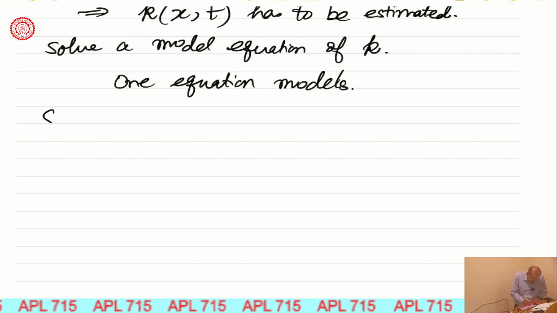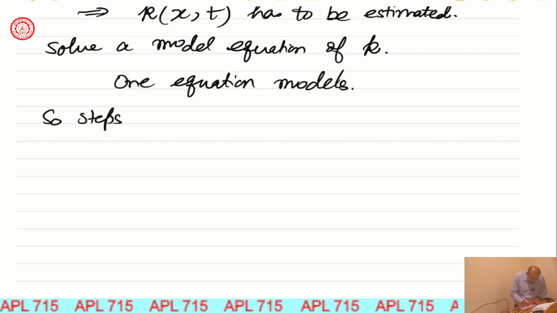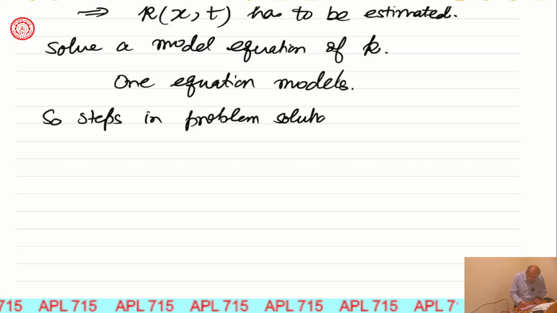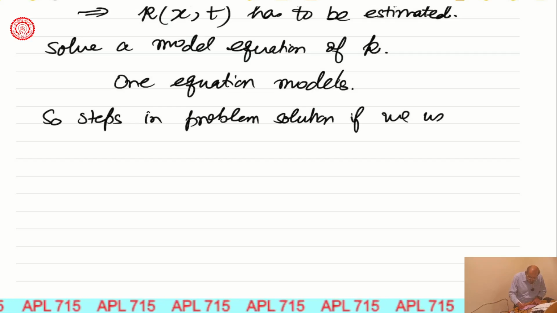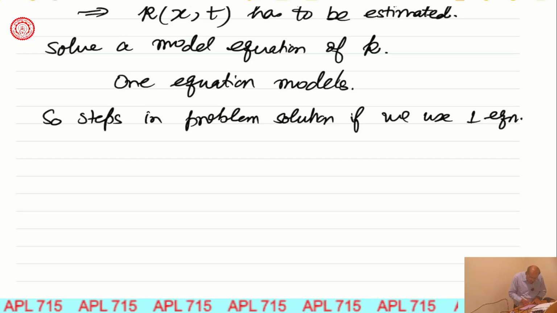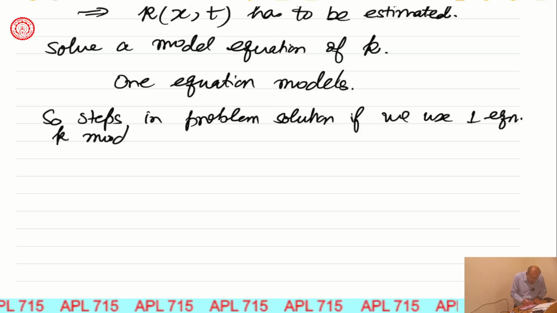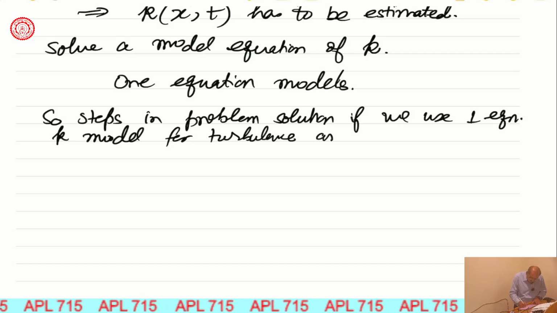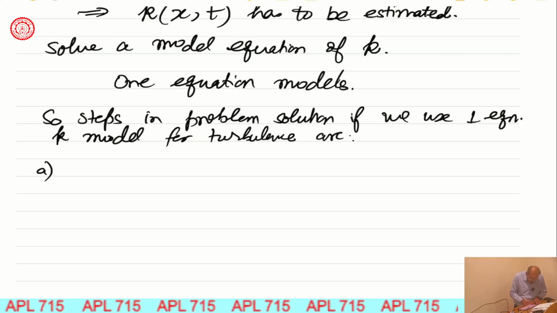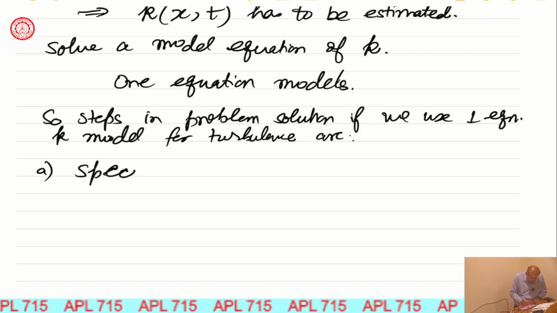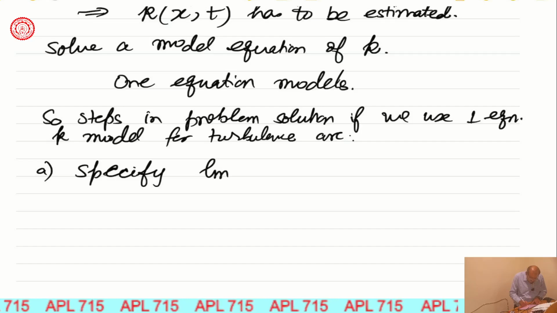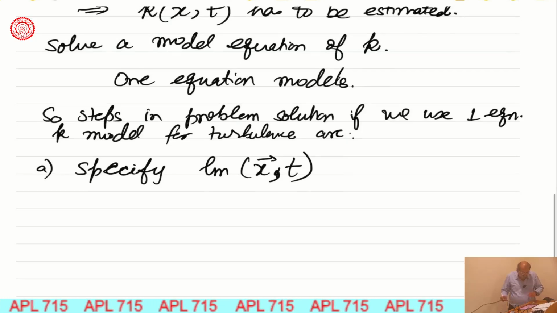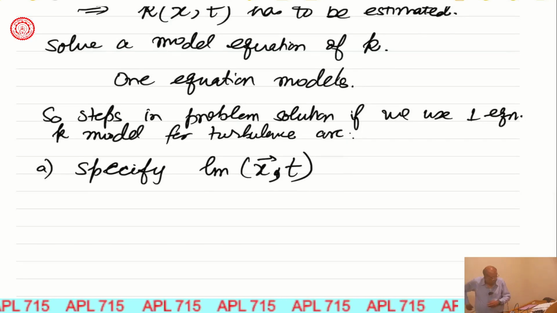And so the steps in the problem for solution, if we use the one equation K model for turbulence, are: first, we still have to specify a mixing length.